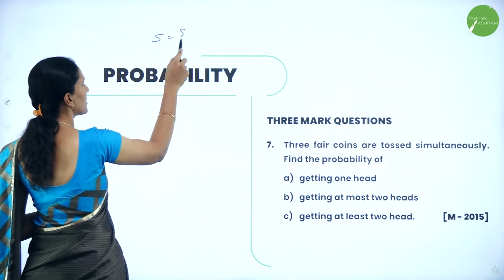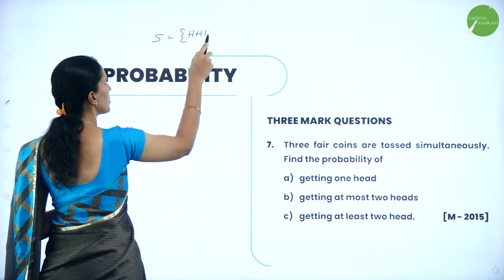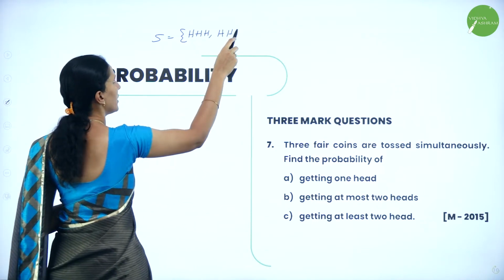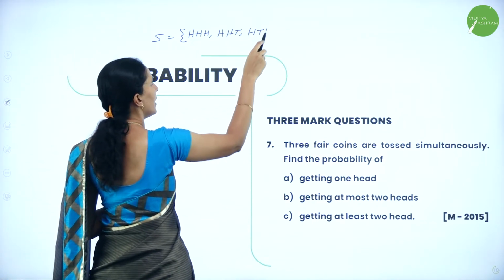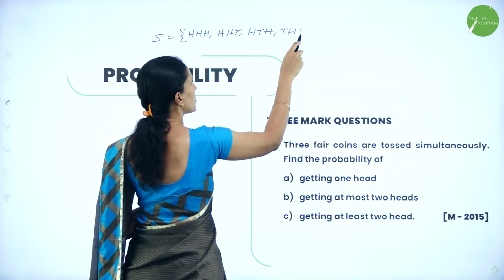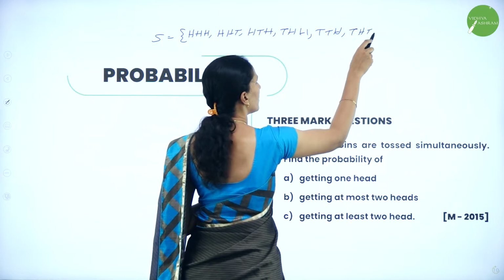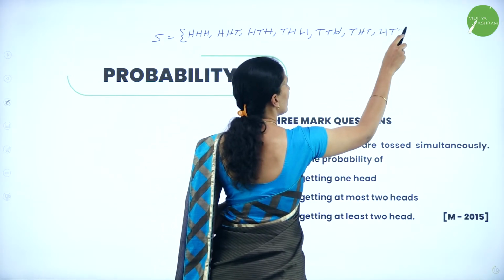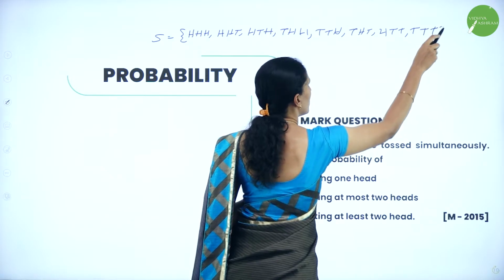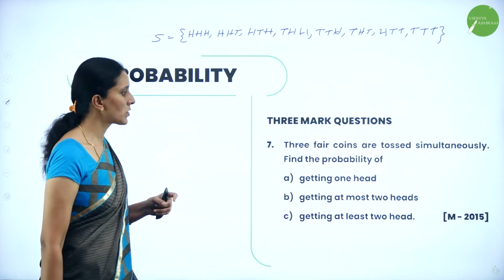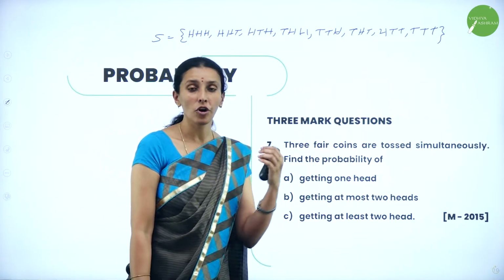So what is the sample space? HHH, HHT, HTH, THH, HTT, THT, TTH, TTT. So these are the outcomes whenever 3 fair coins are tossed.